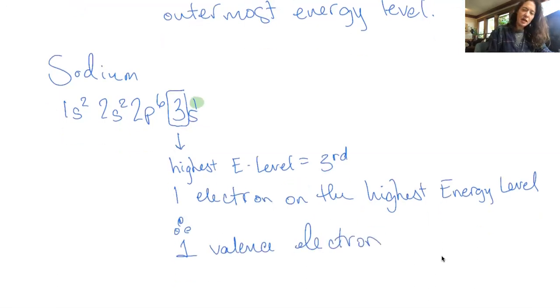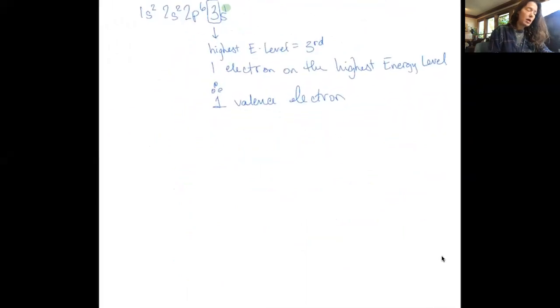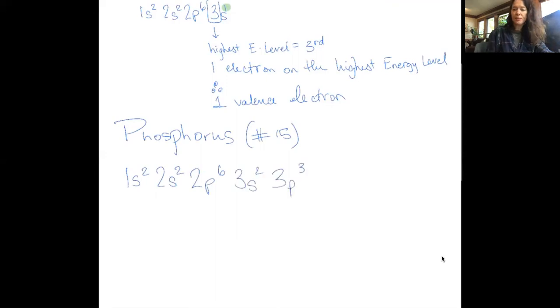All right. Let's look at another example. This time, let's do phosphorus. Phosphorus is atomic number 15. All right. So we'll go 1s2, 2s2, 2p6, 3s2, 3p3.